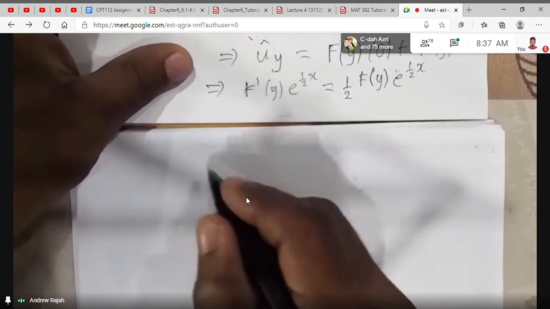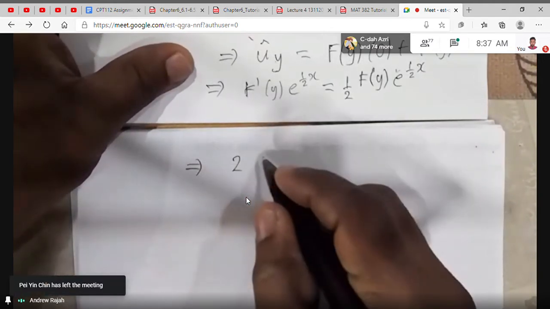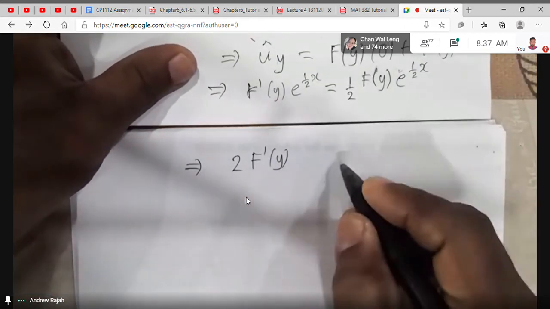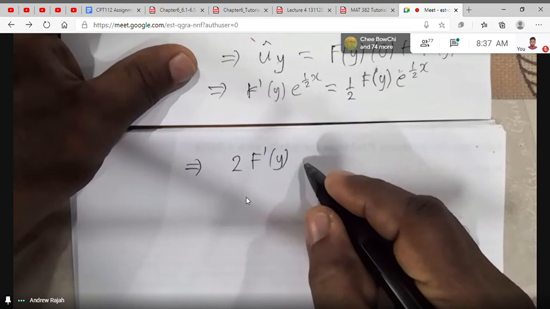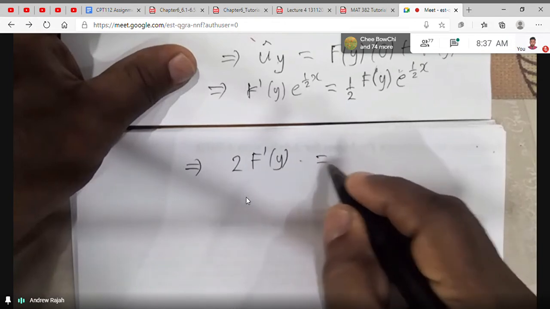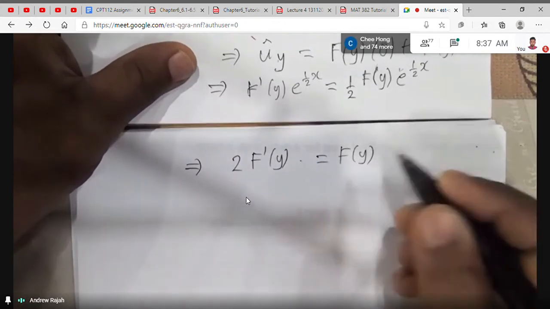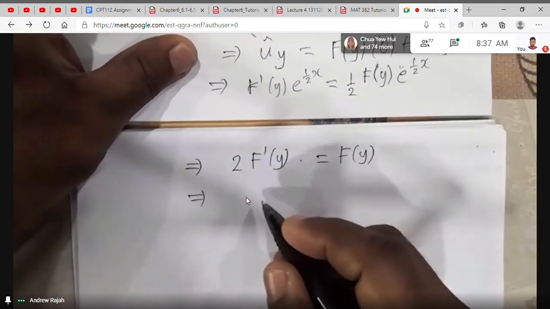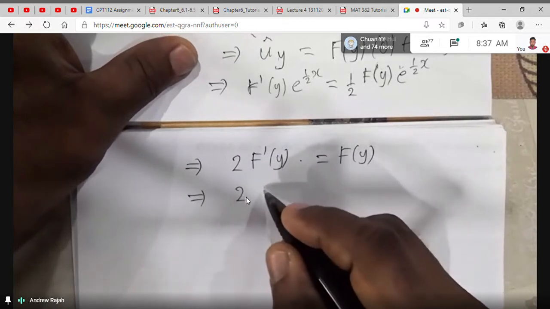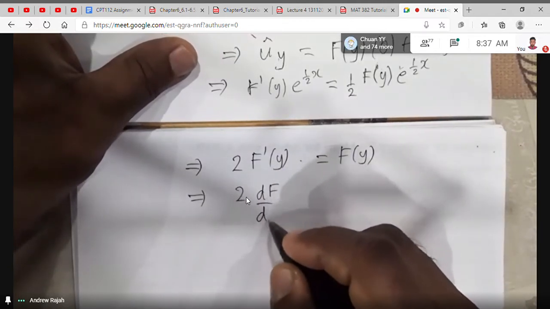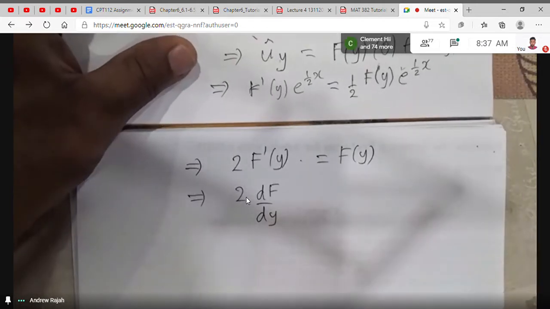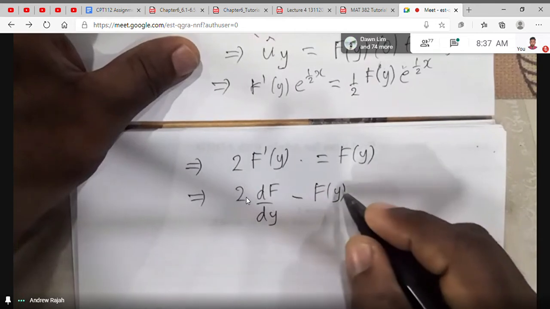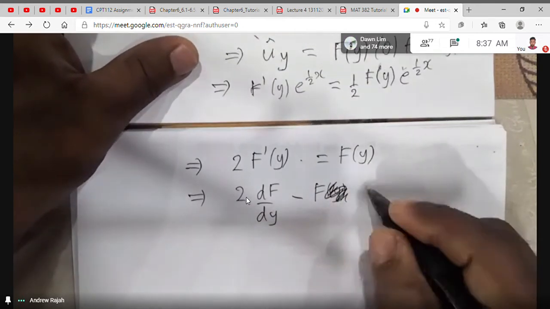This implies 2 f prime y equals to fy. Okay, you know how to solve this? 2 df dy minus fy minus f equals to 0.